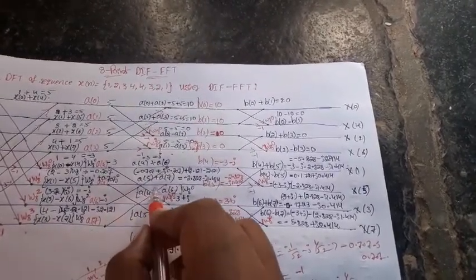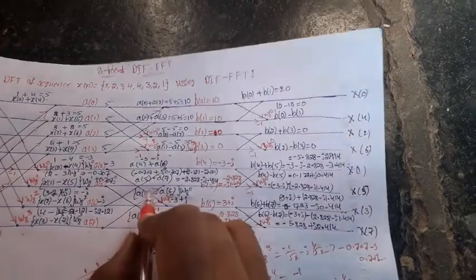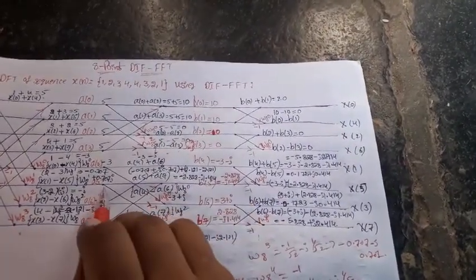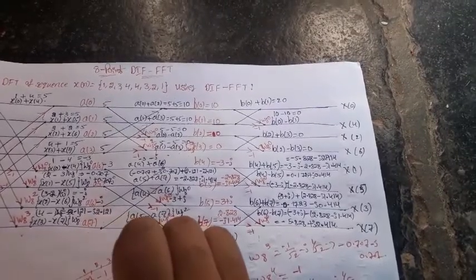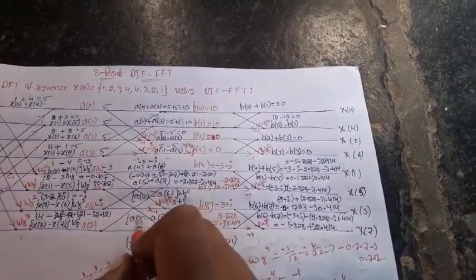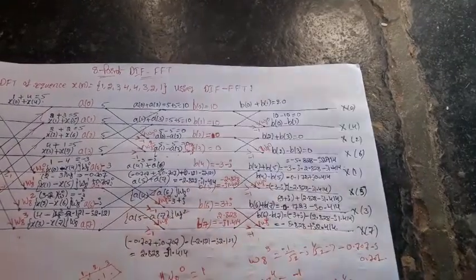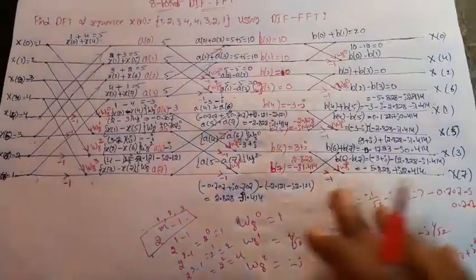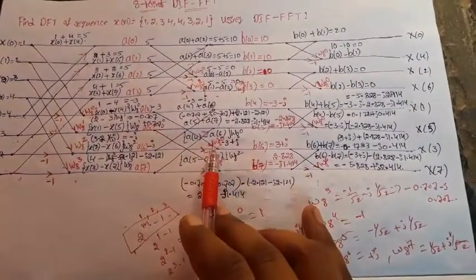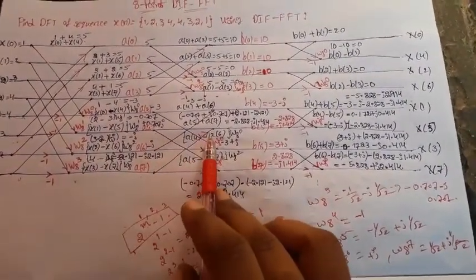this one. So here a of 5. Next, here a of 4 minus a of 6.